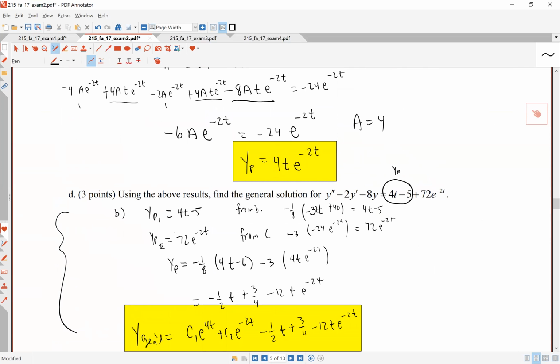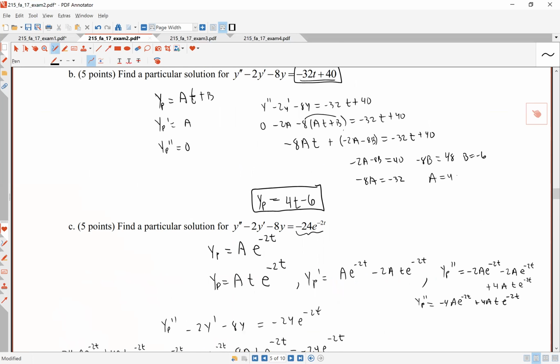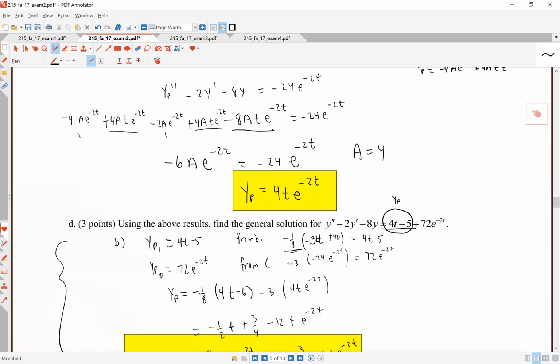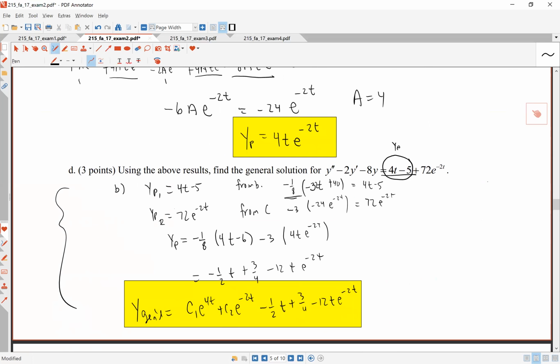No, you take this negative 1/8, and this is right, the 4t minus 5. So you take negative 1/8 of the solution. I understand that. But in the third row where I'm looking at the yp, it says 4t minus 6.